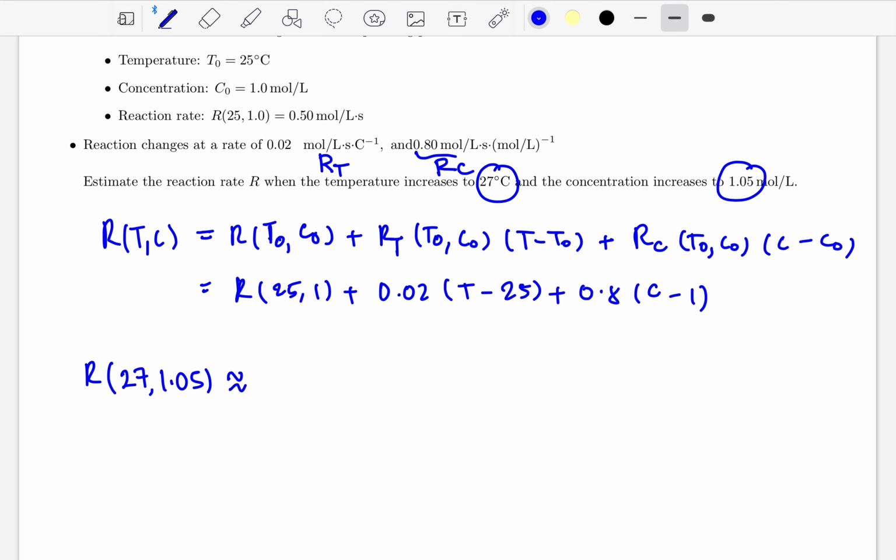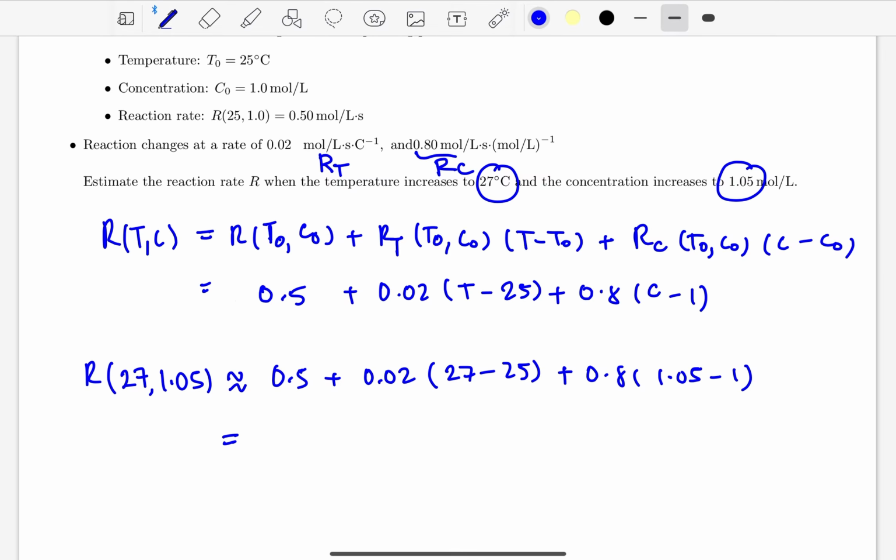So this is approximately equal to, well, R(25, 1) is right here, it's 0.5, so I could have just replaced this with 0.5. So this is 0.5 plus 0.02 times the given temperature, 27 minus 25, plus 0.8 times 1.05 minus 1.